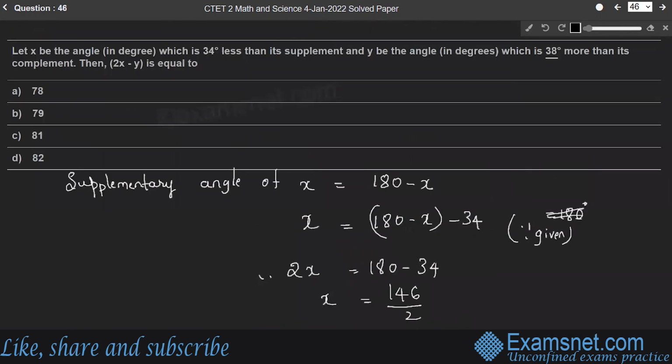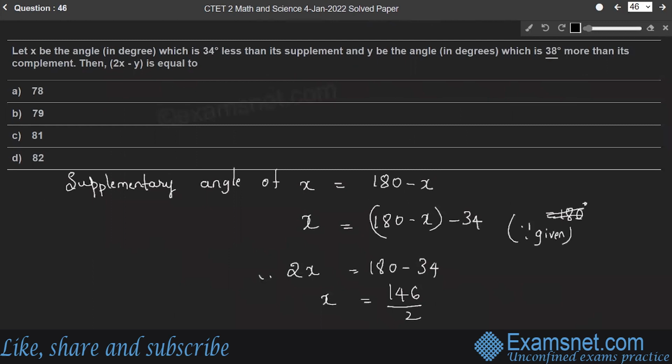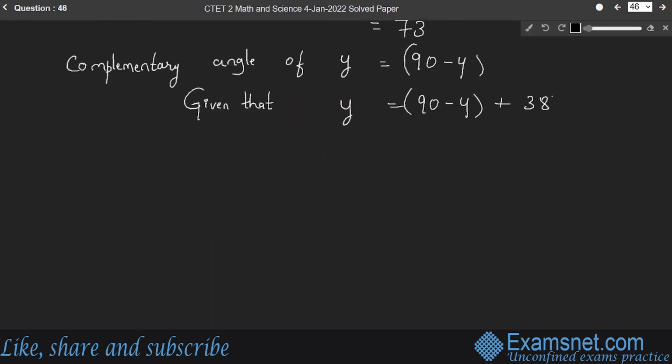But given that y is the angle which is 38 degree more than its complement, y is equal to 90 minus y plus 38 degree. Right? 38 degree more than its complement. Therefore, 2y is equal to 90 plus 38, 128. y is equal to 64.